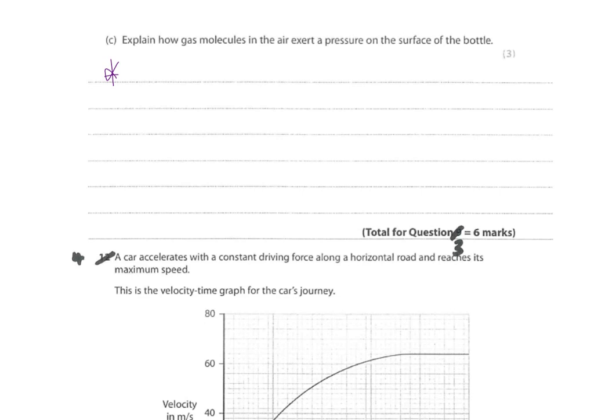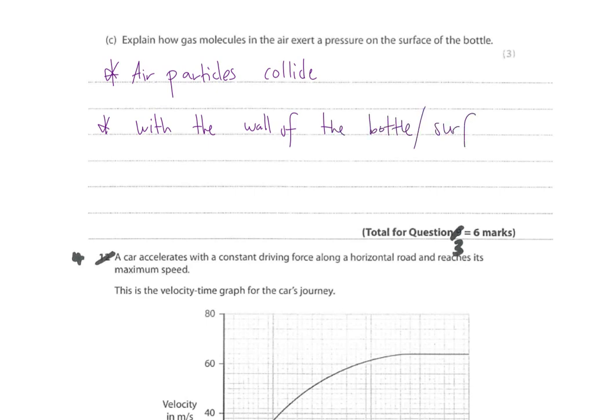Okay, so let's get started. What happened? We've got the air particles. What do they do? They collide. Collide with what? With the wall of the bottle, or surface.